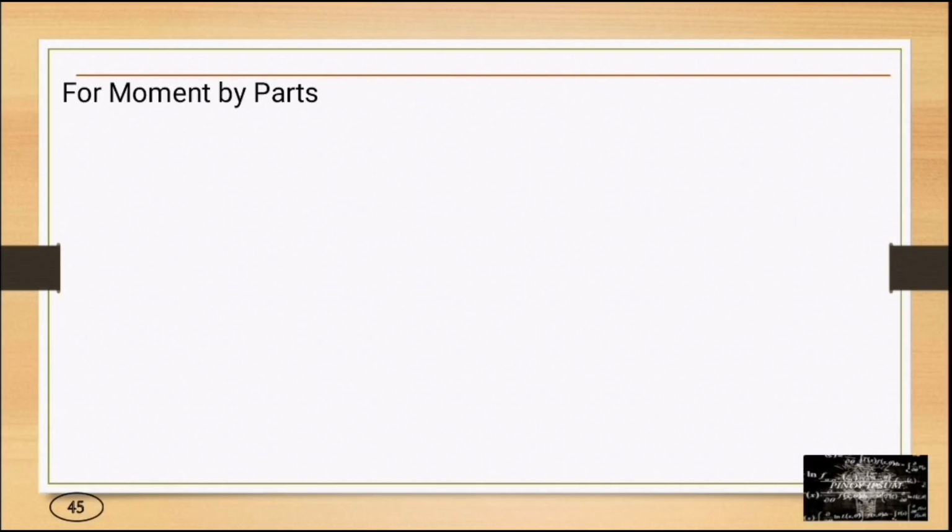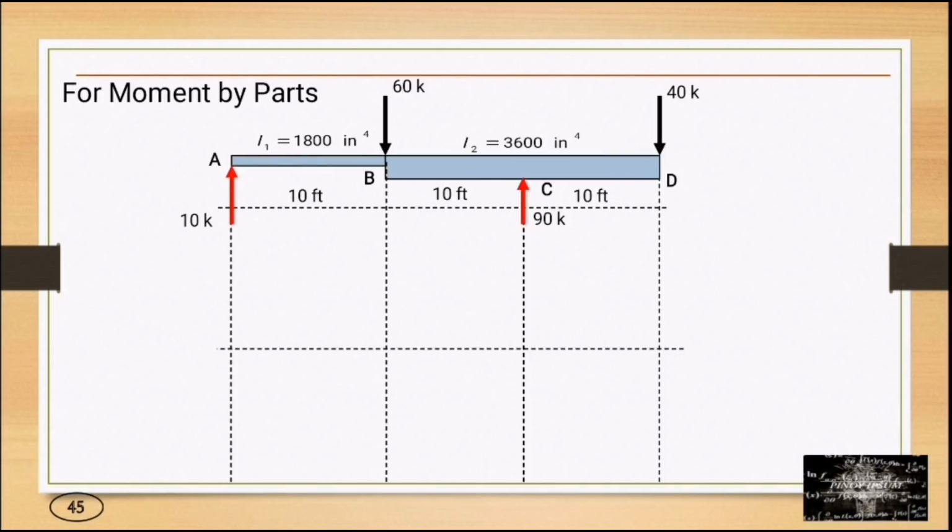For moment by parts, we take the resultant moment at point C. For the 10 kips reaction, it is a triangle, so we have 200 over EI. Since the moment of inertia of segment AB and segment BC are different, we divide the triangle. So at point B, we have 100 over EI.